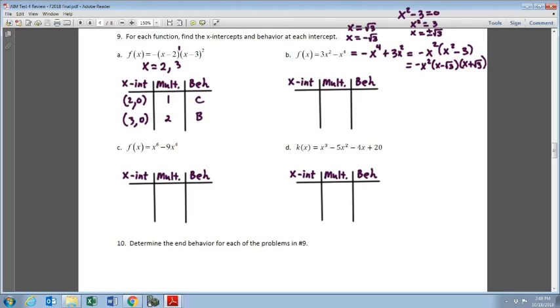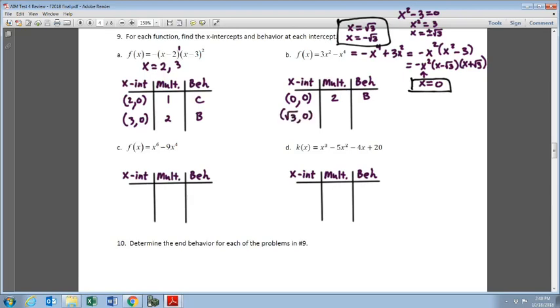And so finally, notice x squared is a 0, so our x is a 0 there, so 0 is a 0. So notice we have 3 zeros here, and we'll have 3 corresponding x-intercepts. So 0, 0. Notice that exponent there is 2, and so the multiplicity is 2, which means we're going to bounce at 0, 0.